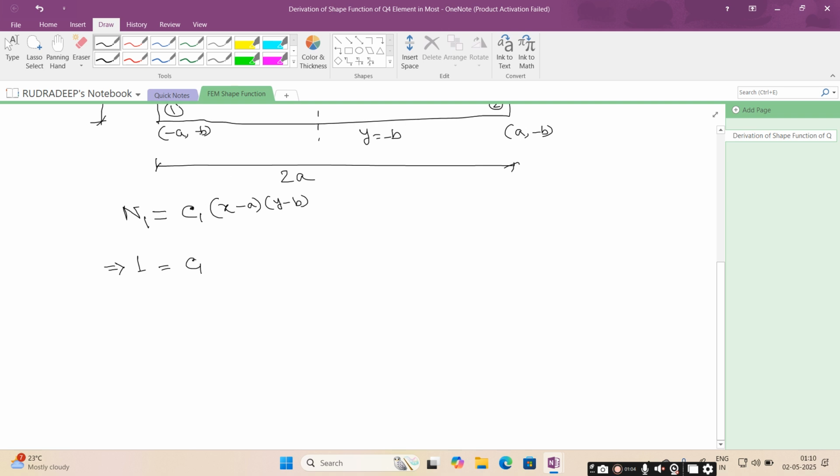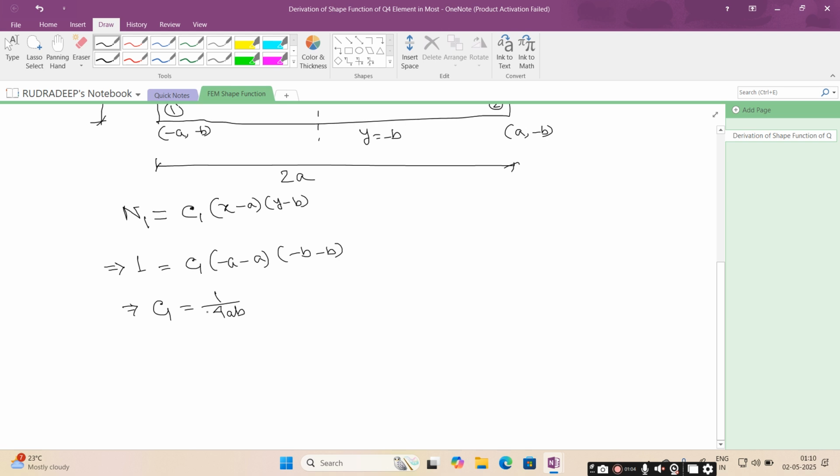What is the value of x and y? That is minus a, minus b. So this one will be (minus a minus a) and (minus b minus b). So from here I can get that c1 equals 1 by 4ab.